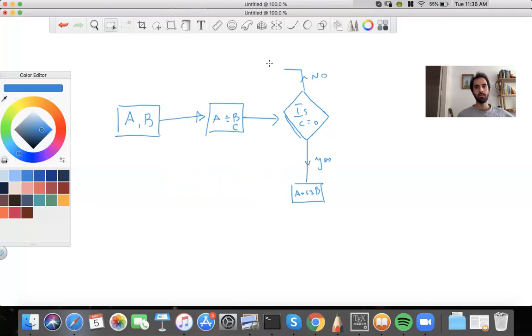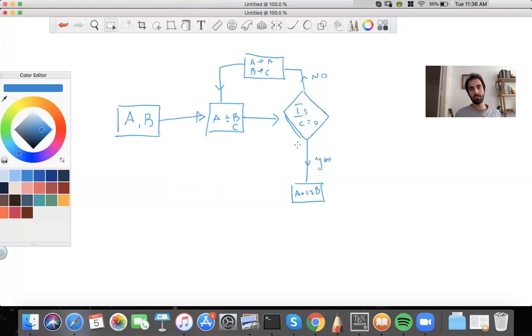And now you make the following substitutions. You swap A to B, and you swap B to C. And you come back to this step. Now you iterate over this loop until you get C equals 0. And at this point, you output the answer equals B.